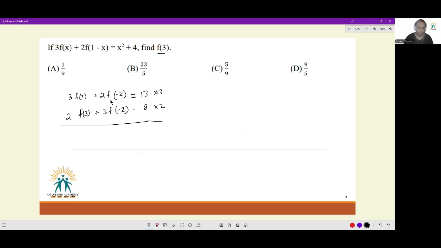We have taken numbers such that these f of minus 2 terms get cancelled. 3 into 3 f3 is 9 f3, 2 into 2 f3 is 4 f3. So the difference is going to be 5 f3. Additionally, 13 into 3 is 39, 8 into 2 is 16, 39 minus 16 is 23. So f3 is equal to 23 by 5.